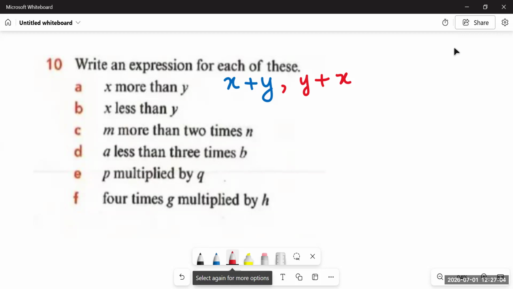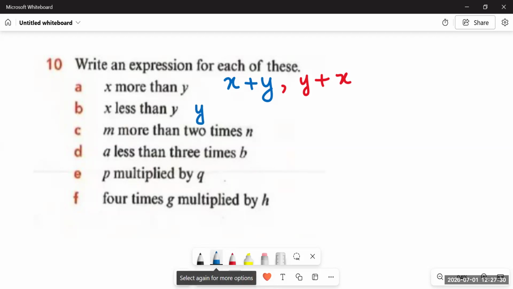It will be 3 less than 10. So if it's 3 less than 10, it will be 10 minus 3, right? Basically, less than is used to state that x has a smaller value than y. And since the value of x is smaller, it will be y minus x.